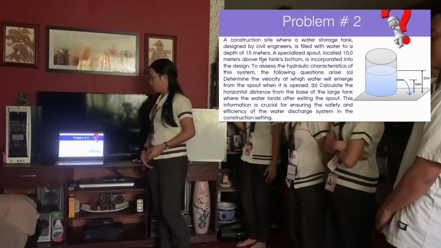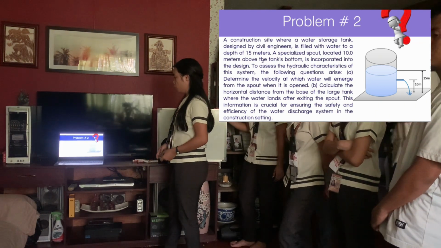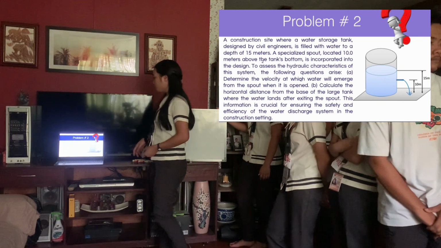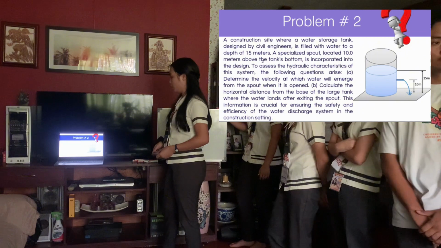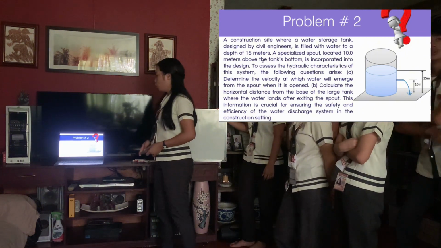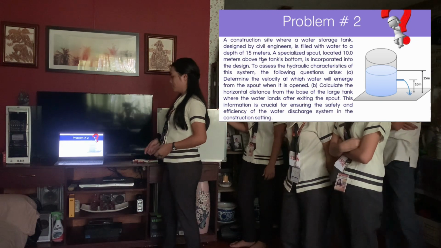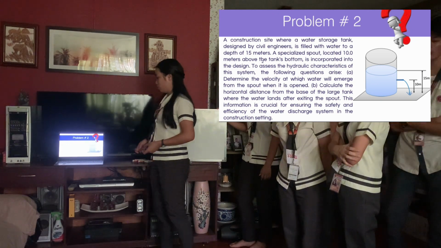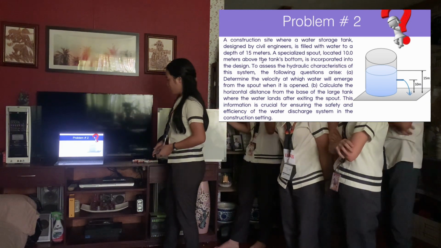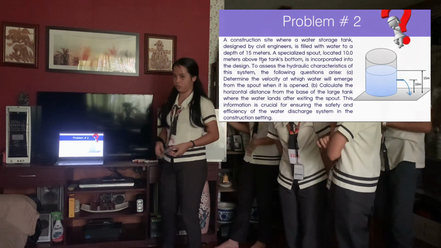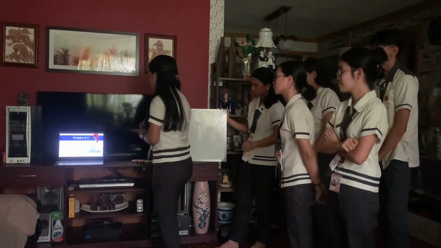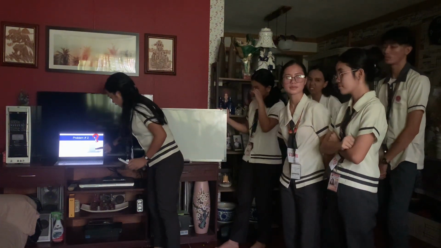First, determine the velocity at which water will emerge from the spout when it is opened. Next, calculate the horizontal distance from the base of the large tank where the water lands after exiting the spout. This information is crucial for ensuring the safety and efficiency of the water discharge system in the construction setting. So first will be determining the velocity at which water will emerge.